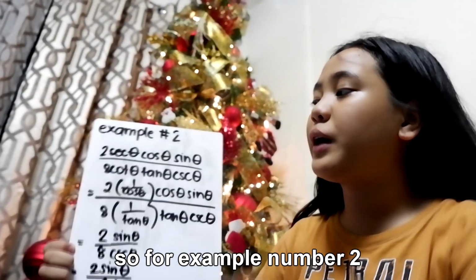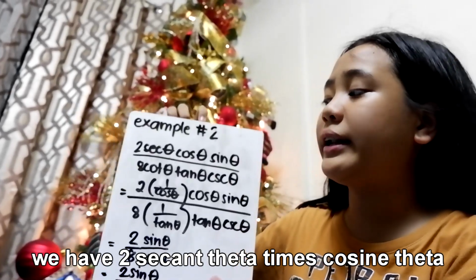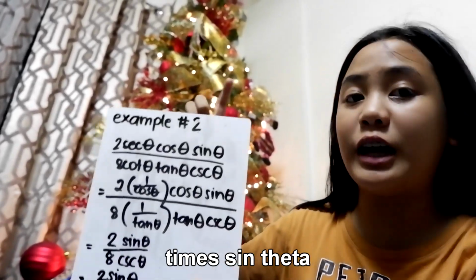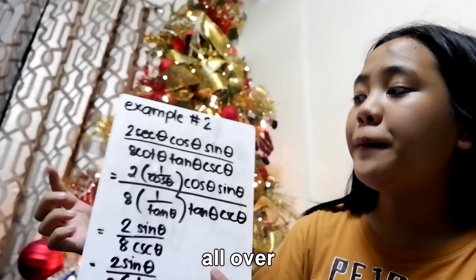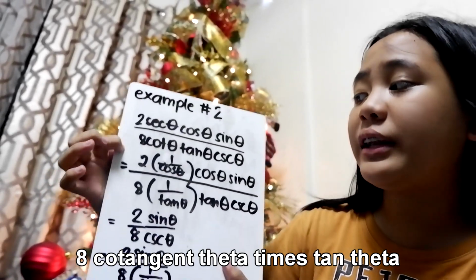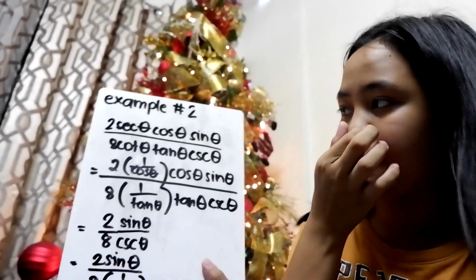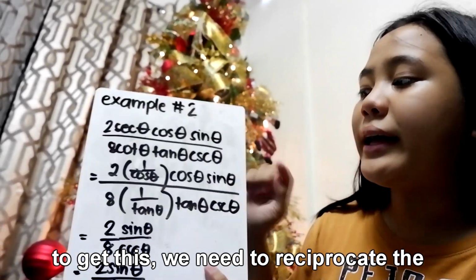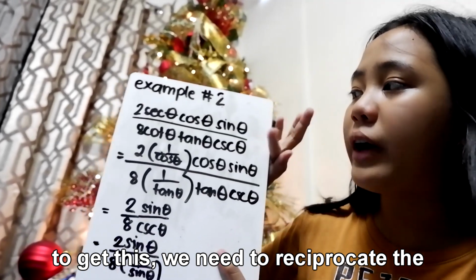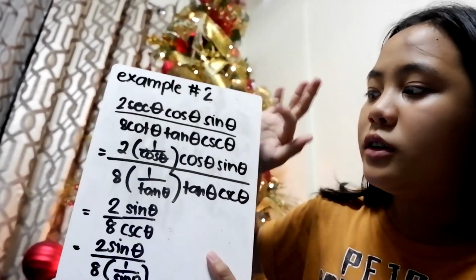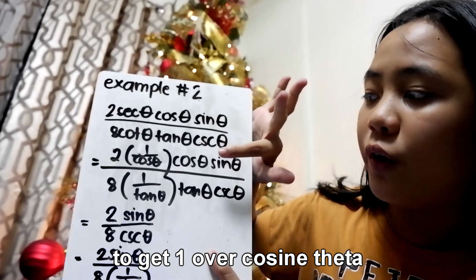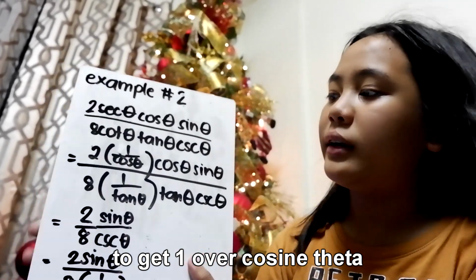For example number 2, we have 2 secant theta times cosine theta times sine theta over 8 cotangent theta times tan theta times cosecant theta. To solve this, we reciprocate the secant theta to get 1 over cosine theta.